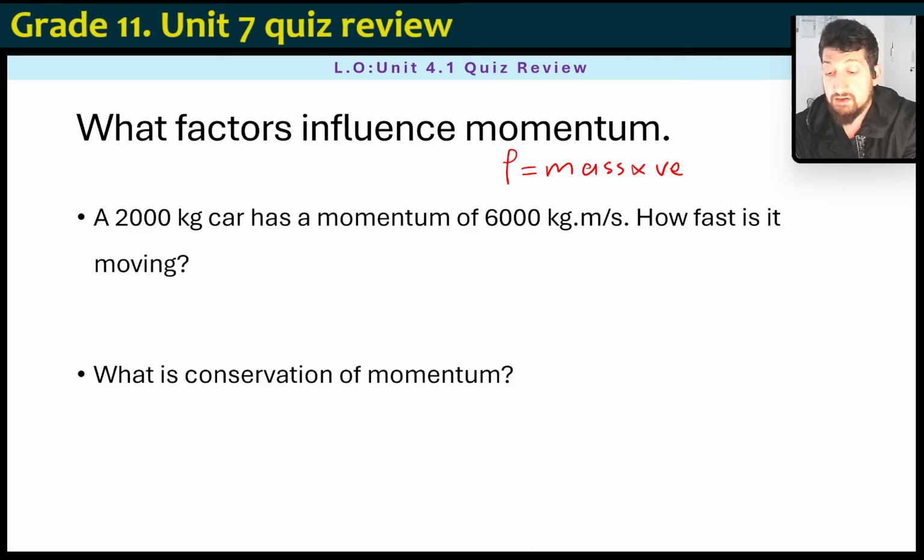I'm not worried about acceleration. I'm not worried about anything else. I'm just worried about the mass and the velocity. Those are the factors that influence momentum. Okay? Force and time can influence impulse, which is a change in momentum, but we will not worry about that. Directly speaking, it's mass and velocity.